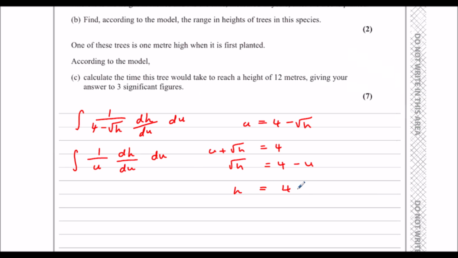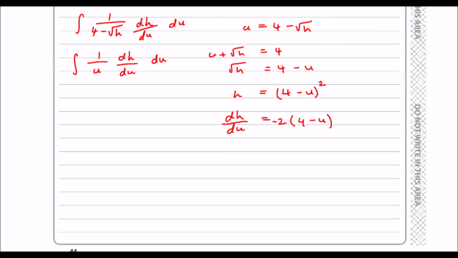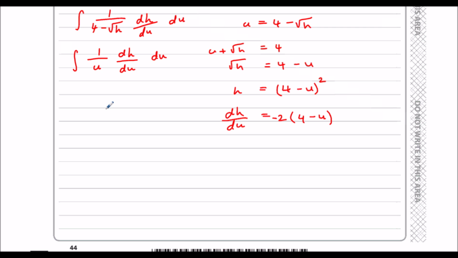So h is 4 minus u squared. dh/du is this differentiated. So times by the power, take 1 off the power, and then times by the bracket differentiated, which will give us a -1. So times by -1, so it becomes negative. So we've got dh/du, so we can substitute that in.